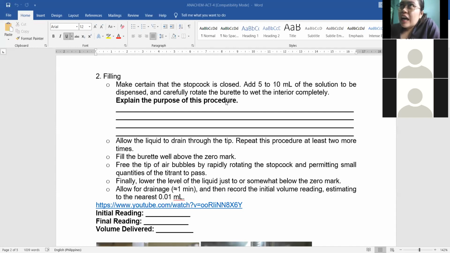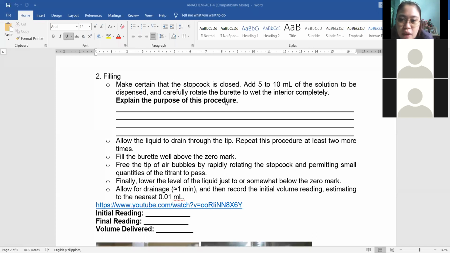Ang kaibahan ni pipette and ni burette, si pipette is dinodraw natin ang water or yung solution upwards using the pipette bulb. Yung si burette naman is galing sa taas yung pag-fill ng solution. So, sa opening niya sa taas, dun mo lalagay yung solution mo.